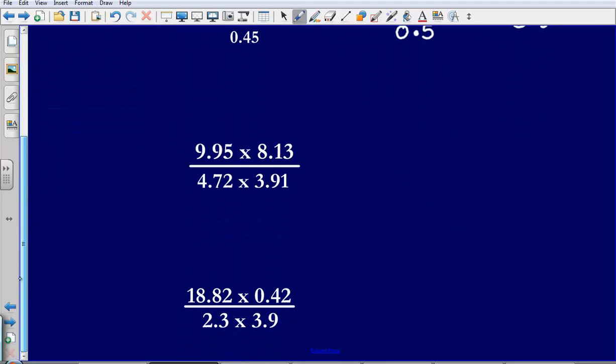Okay, second question, 9.95 times 8.13. So that is going to become, to one significant figure, 9.95 is 10. To one significant figure, 8.13 is simply going to be 8.